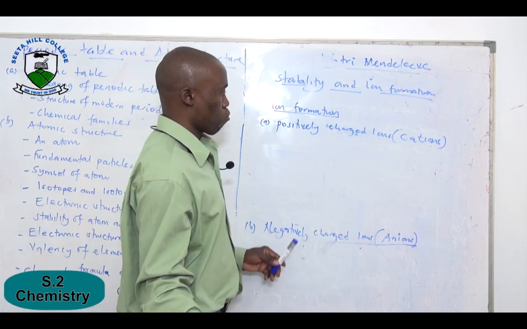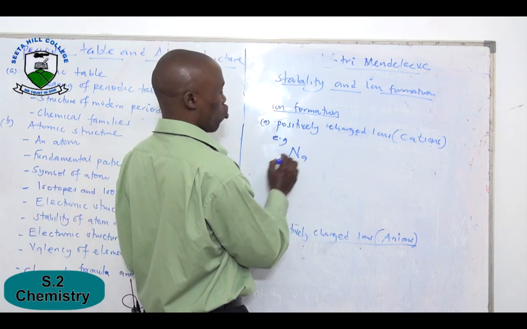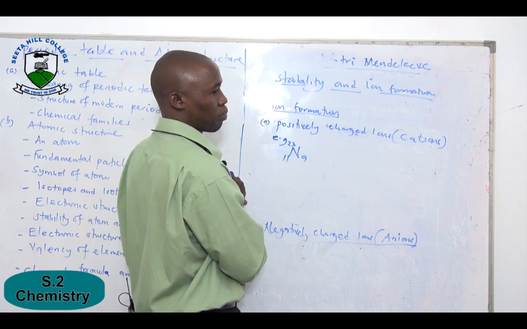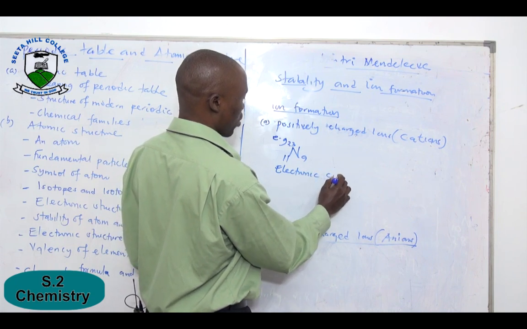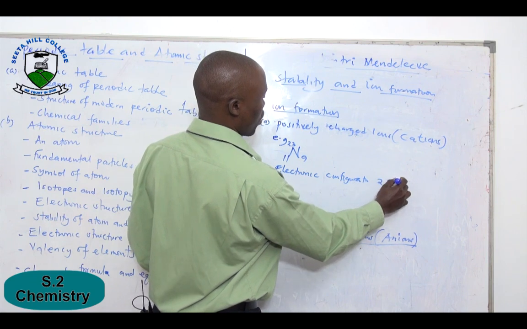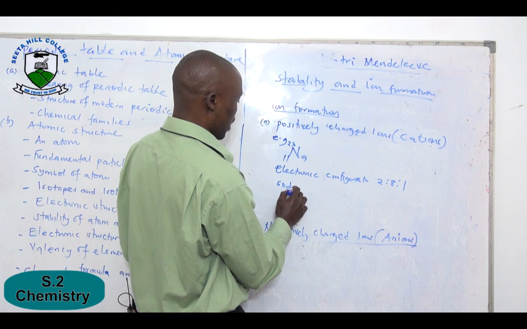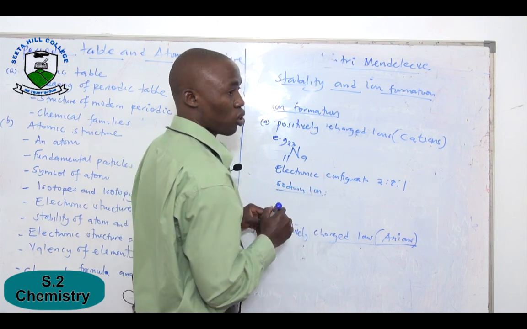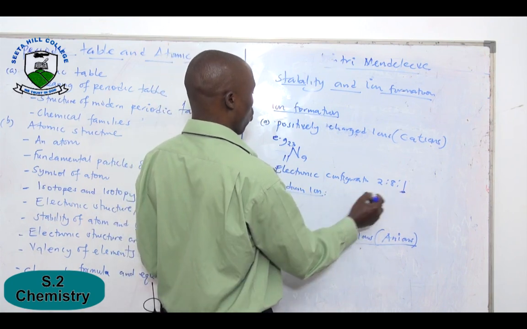For example, sodium 23, 11. The electronic configuration would be 2, 8, 1. Now a sodium ion is formed when you have lost what? Electrons. How many does it lose? 1.